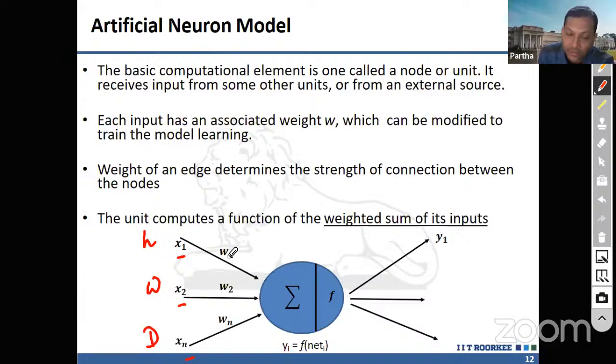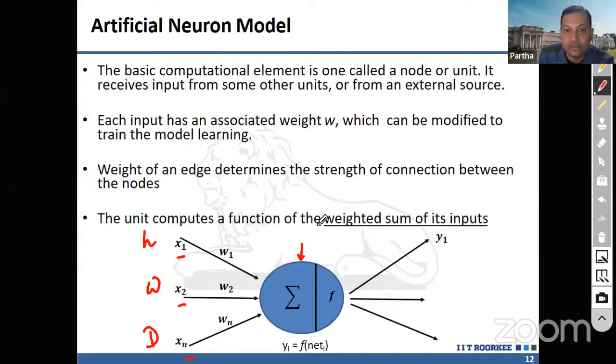Those features are connected to this perceptron with some weights. Each of these features is connected with some weights, and then this neuron or perceptron processes all these weighted features and sends the result to the next neuron.